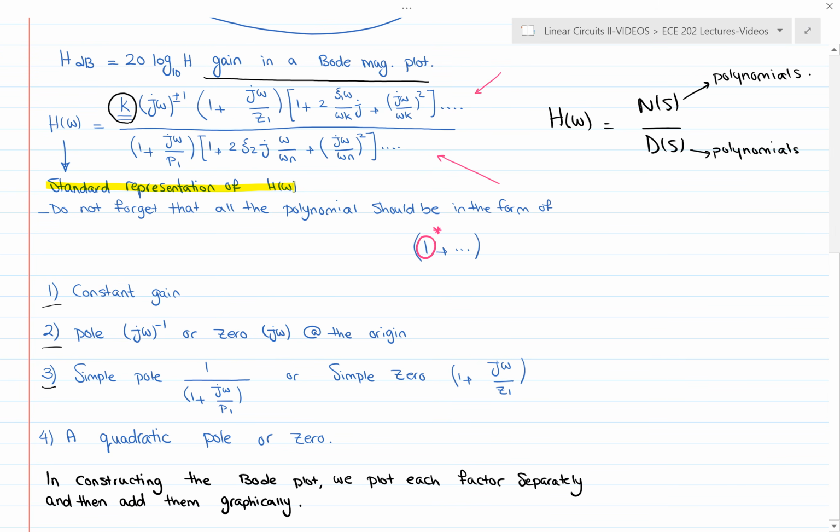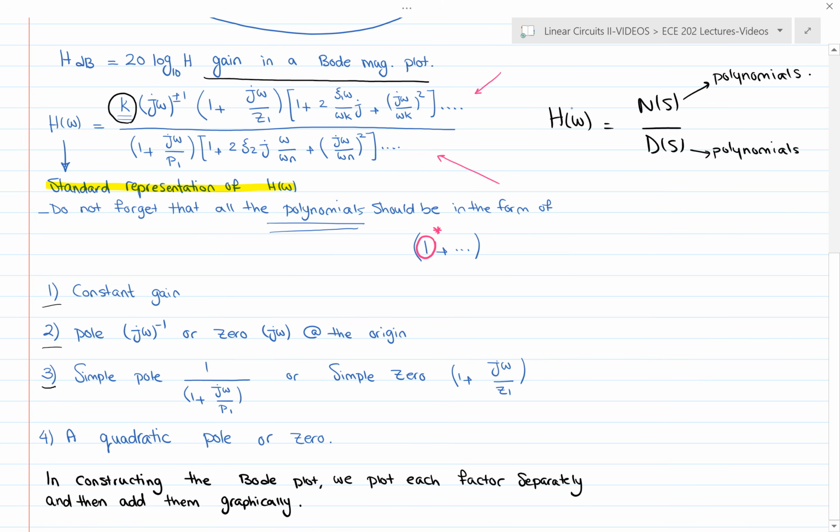Okay, so the first thing that we have to pay attention to in drawing the Bode plots is that all the polynomials should be in the form of 1 plus something. Either I have 1 plus j omega over something, or the second order or the third order.